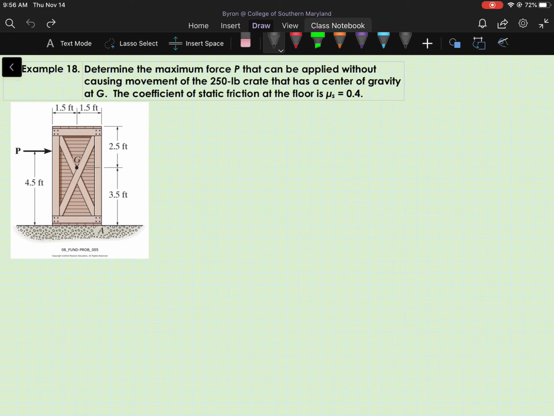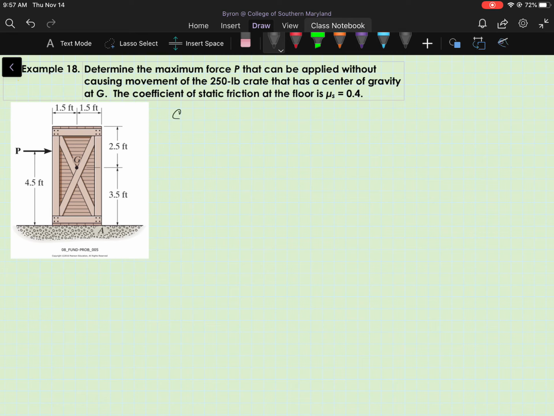So this problem falls into the group of problems known as impending motion at some points of contact, like we discussed in the lecture. And the reason for that is that there are two cases for movement or motion here.